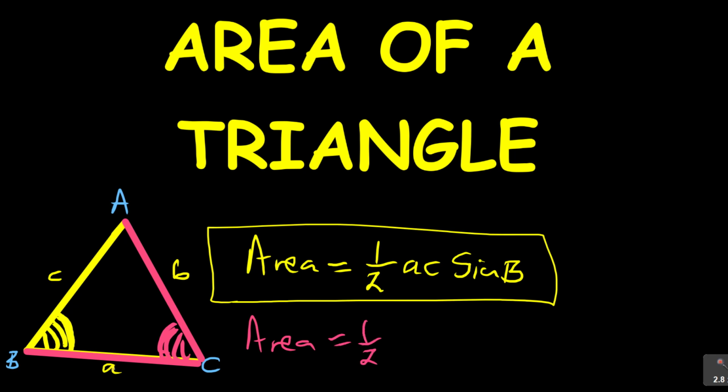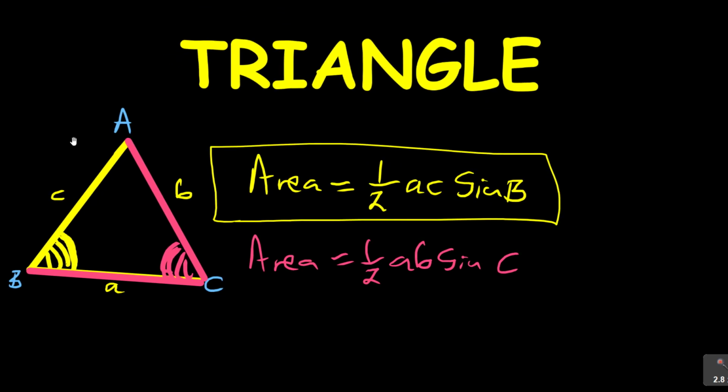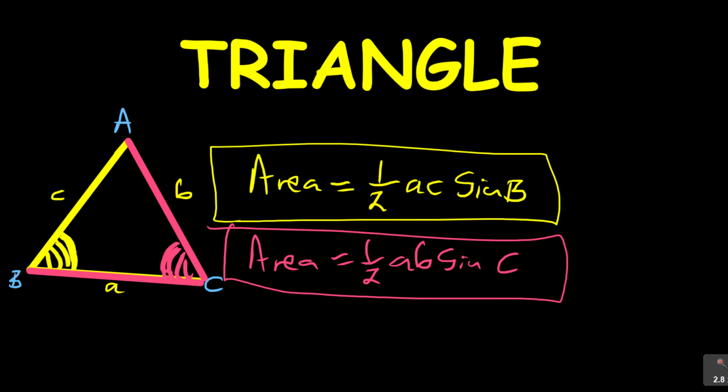Now my two lines is A and B, so it will be A, B. Now it will be sine C. Do you see that? So it depends which lines you are dealing with. So that is the other way. Or what if I choose, in this case, two lines, this one in red, forming an angle at A. See that?